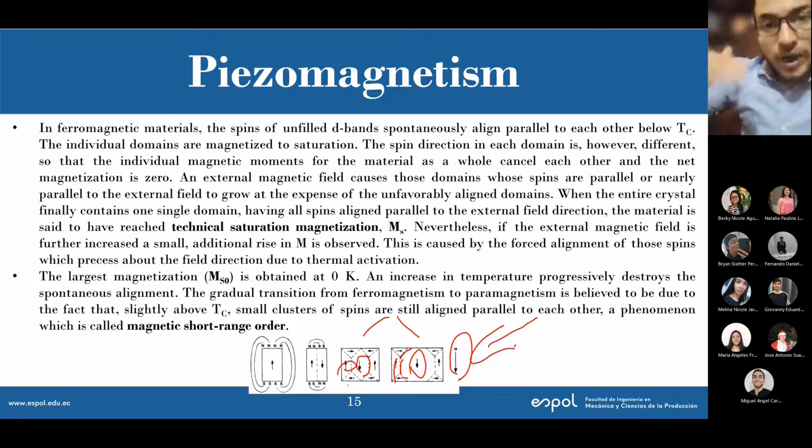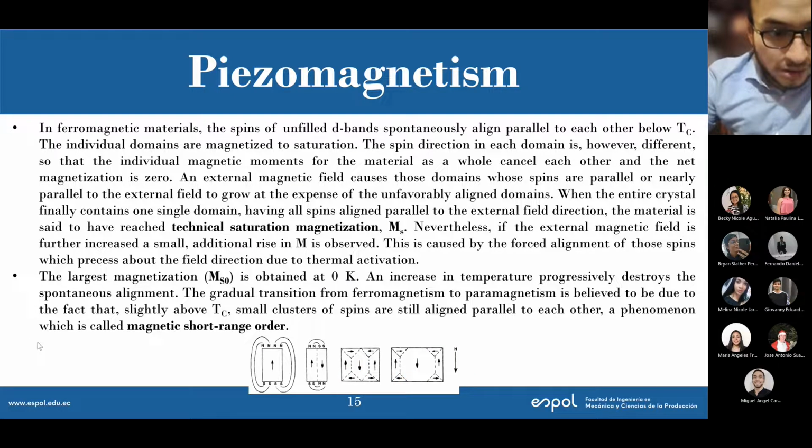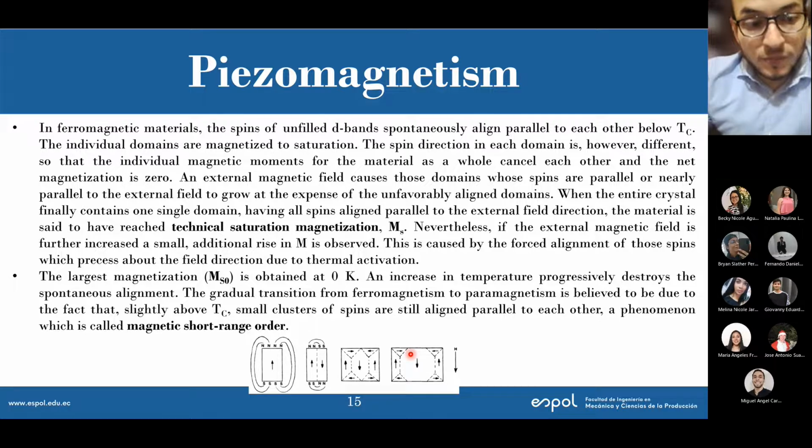And the more I increase the temperature, I probably reach the Curie temperature. If I reach the Curie temperature or go above that, that alignment will be destroyed, and the material will become paramagnetic and not ferromagnetic anymore.